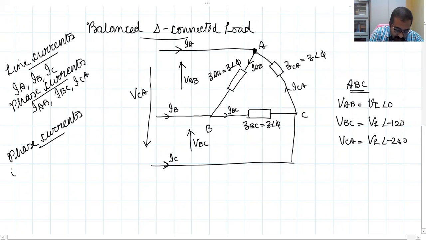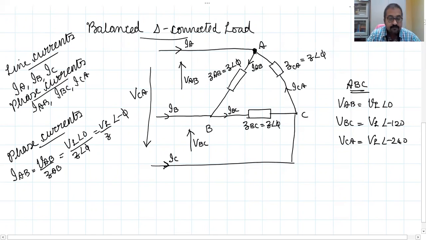IAB will be VAB divided by ZAB. VAB is VL angle 0, and ZAB is Z angle phi. So you get VL by Z angle minus phi.